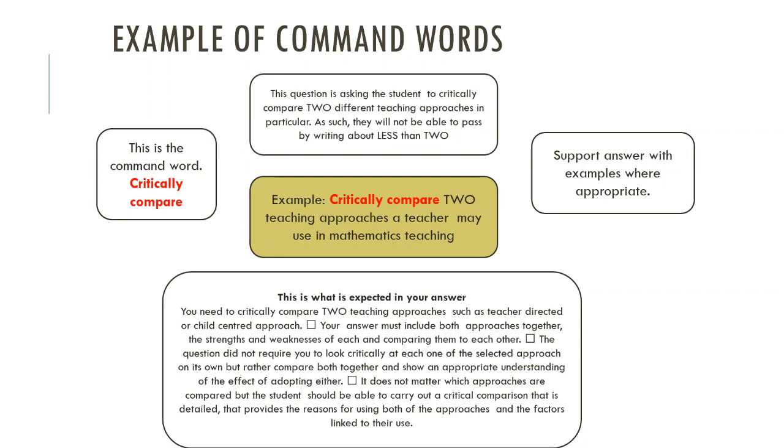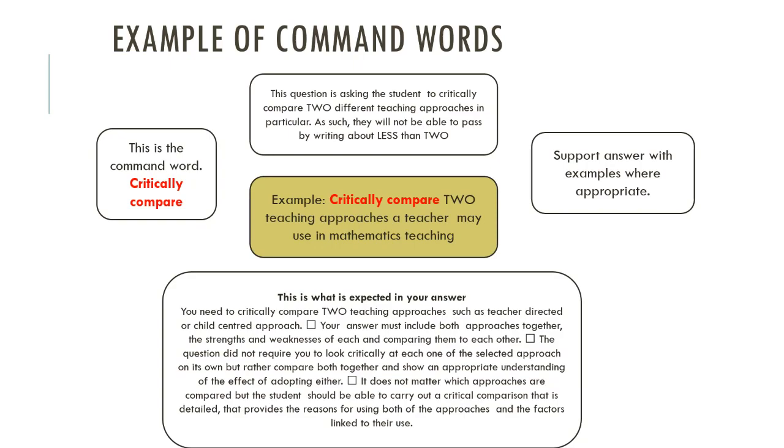Because there are more weaknesses in the teacher-directed approach, I would opt for the student-centered approach. Right, so this is actually what is required of you when you critically compare.